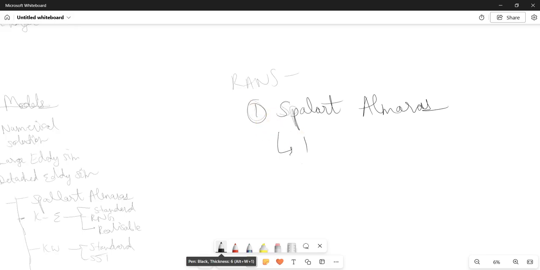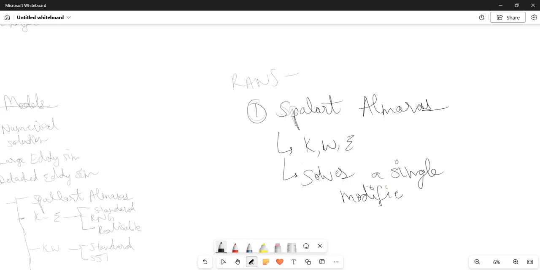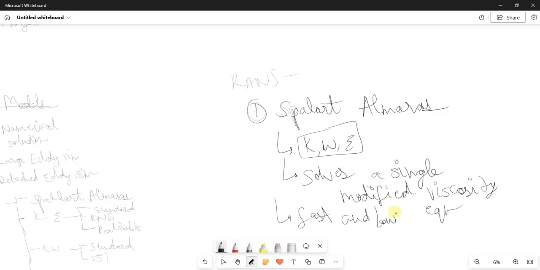Instead of solving for K, omega, and epsilon, which are turbulent terms I'll explain shortly, it solves a single modified viscosity equation. Instead of solving for these three terms, it solves one single modified viscosity equation. Because of this, it is fast and takes low memory.